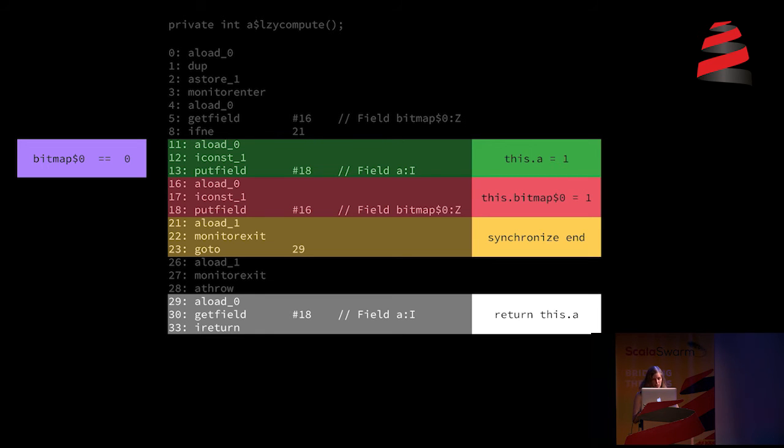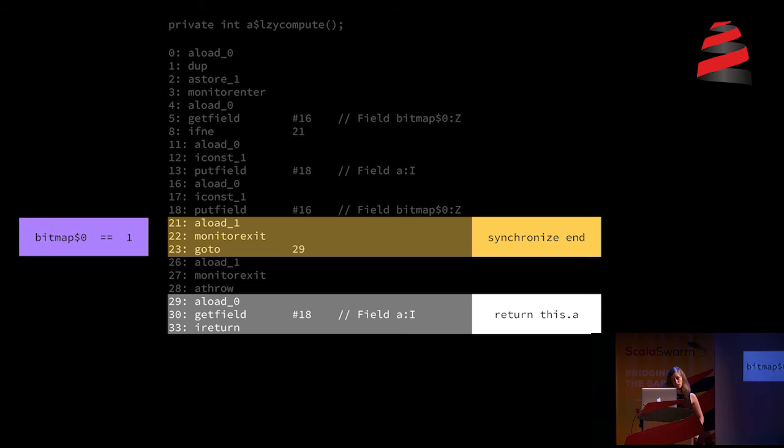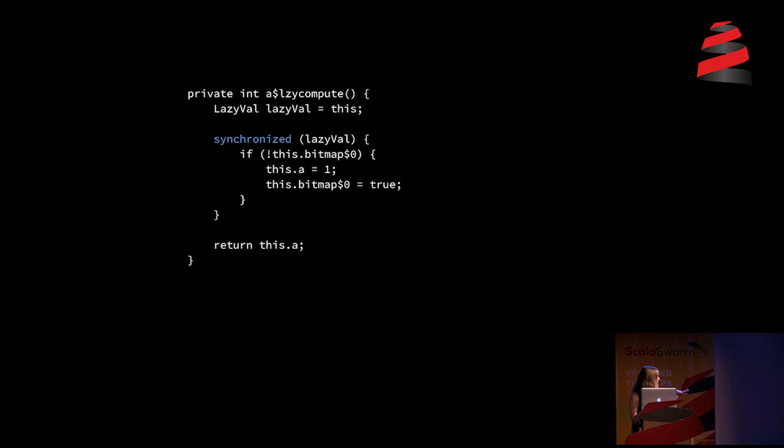And we can return the value of A. If it was 1, we know that A was already initialized, so we simply release the lock and return the value of A. And this is equivalent to the following Java code. So there is this synchronization block, and then there is this part where we check if bitmap is true or false, and if it's false, we initialize both A and bitmap, and then we can return it.